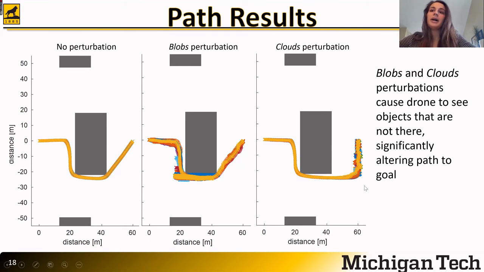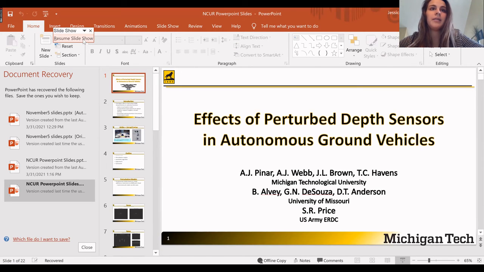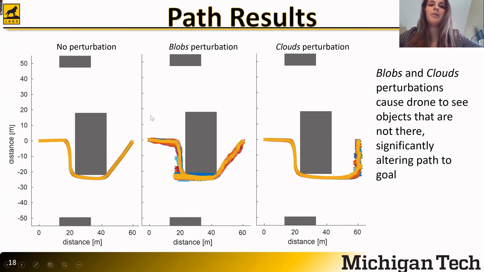And then with blobs and clouds, they caused the drone to see objects that were not there, significantly altering the path to the goal. So with blobs, since they were just appearing randomly all over the place, we can see that it caused a lot of disturbance right here, especially when you're trying to make this turn.